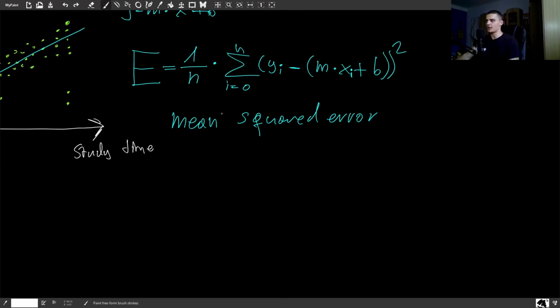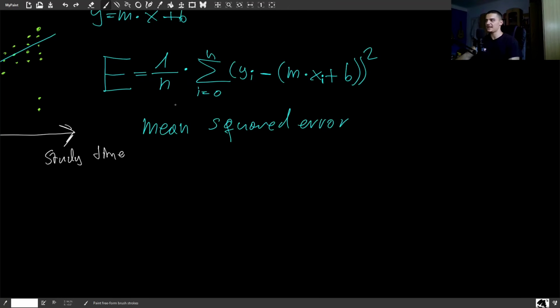We're going to take the partial derivative with respect to m and b, and then we're just going to go in the opposite direction of this gradient.